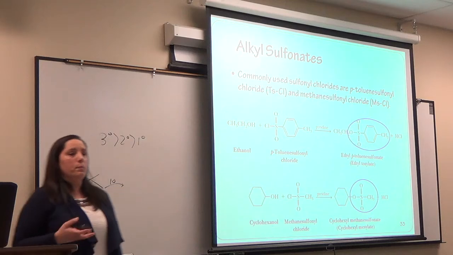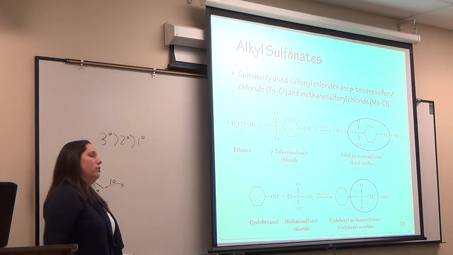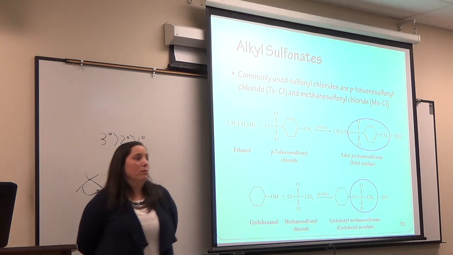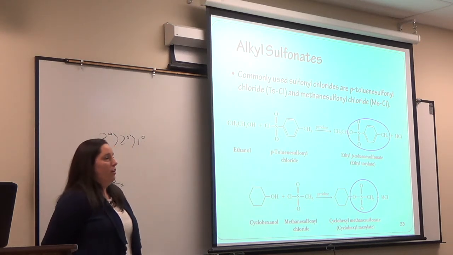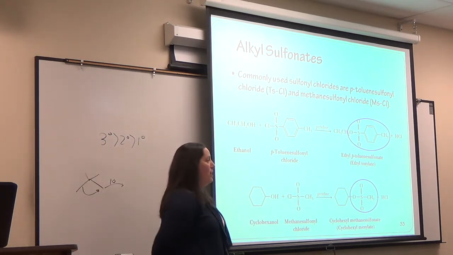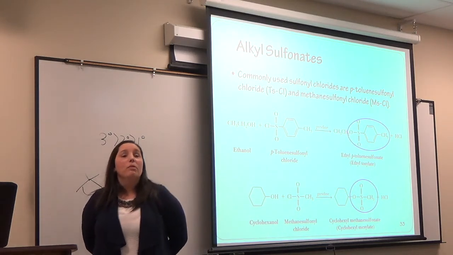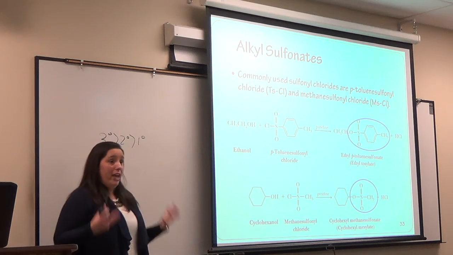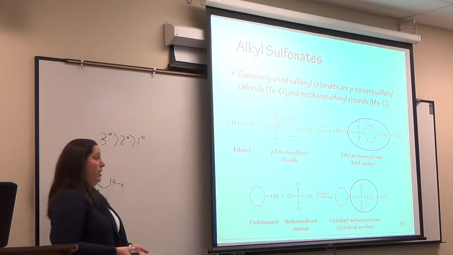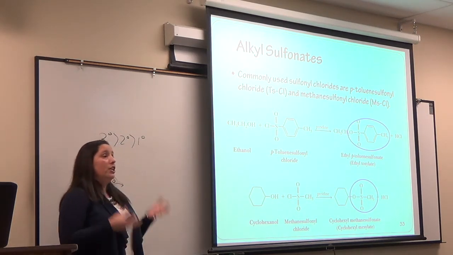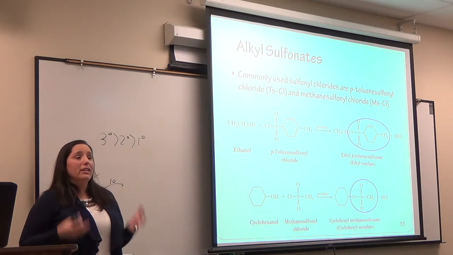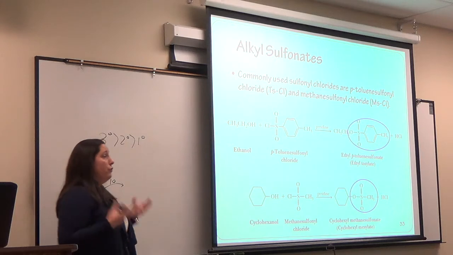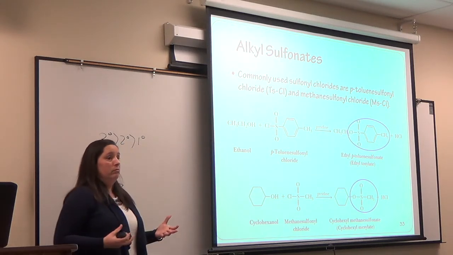Does that make sense? So why am I telling you all this? Because what's the problem? Well, I want you to be smart like me. I'm trying to make you smarter like me. No. But it's because alcohols themselves are not that reactive. That's why we're going over this stuff, because the OH of the alcohol isn't going to leave on its own. So what's the first thing you're going to try to do?